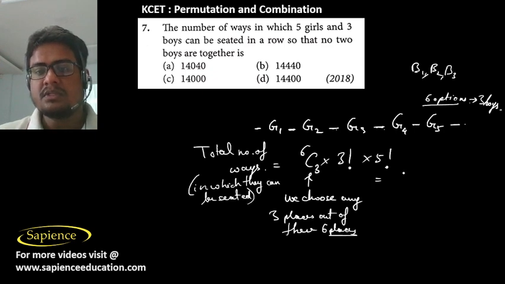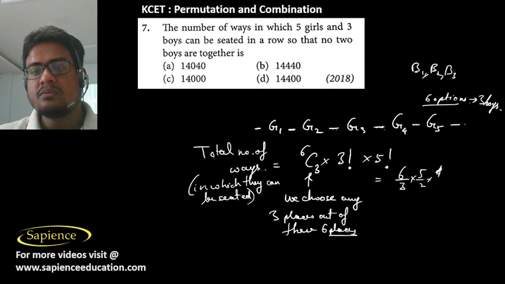So 6C3, that will be 6 by 3 into 5 by 2 into 4 by 1, into 3 factorial, that is 3 into 2, into 5 factorial, that is 5 into 4 into 3 into 2.